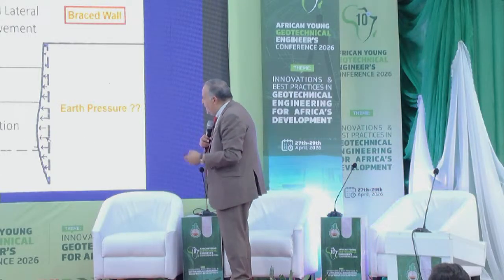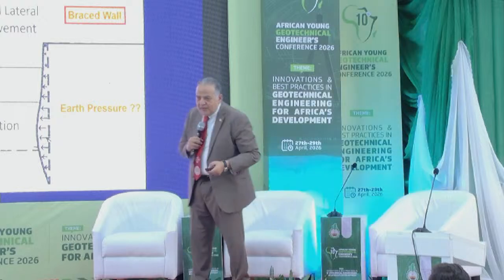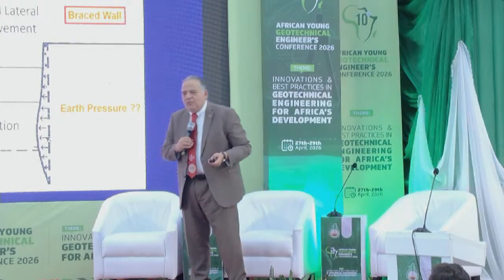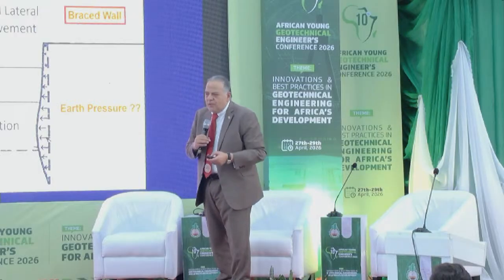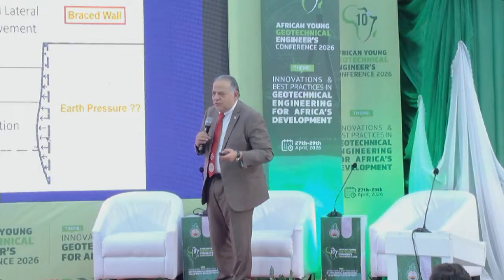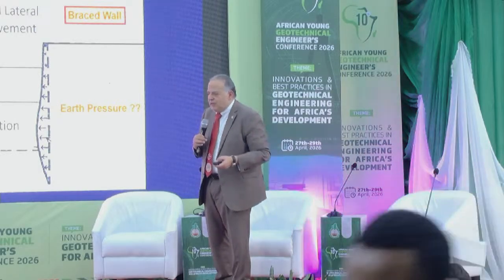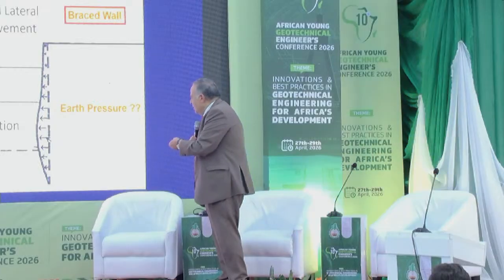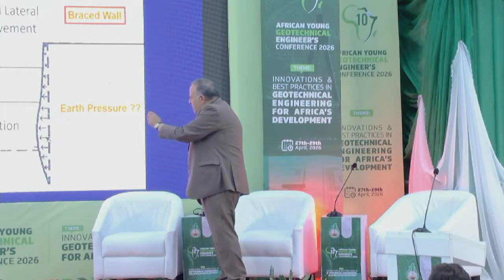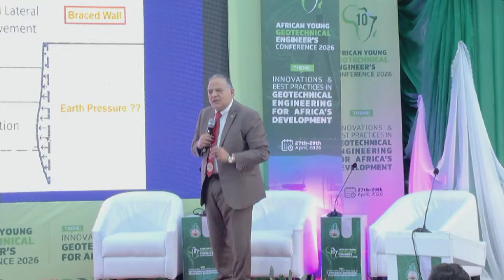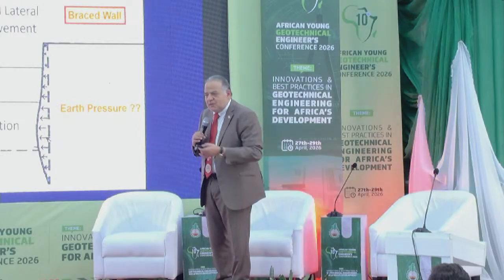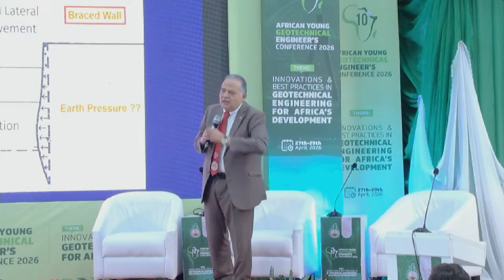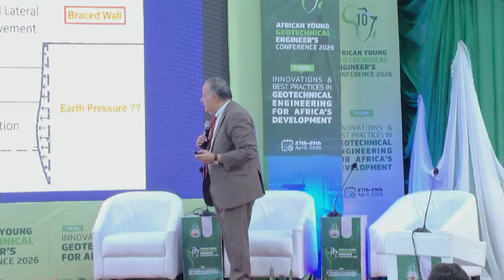If we have a braced wall in a deep excavation, then the movement pattern is different. It is not up to the theory of Rankine that we can imagine how to calculate. The soil is pushing the wall, giving movement, so we're supposed to have an active condition, but this is really not active as in cantilever mode.